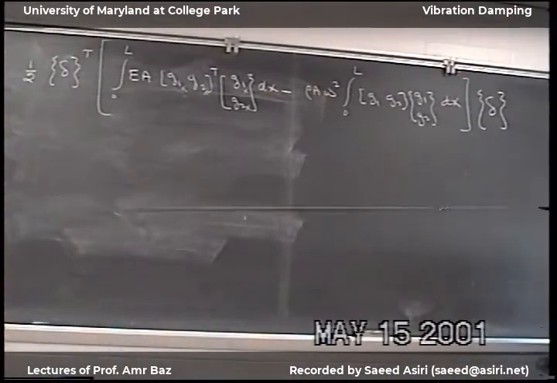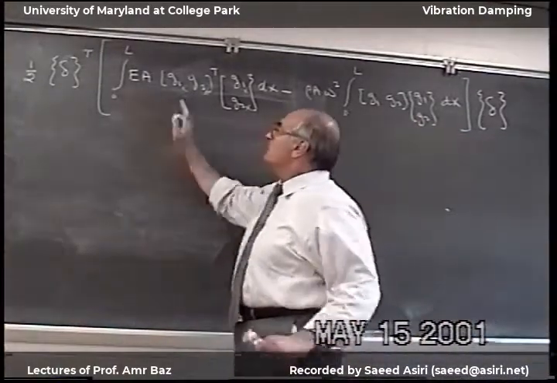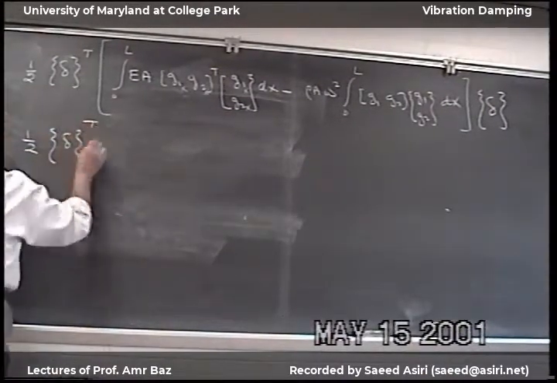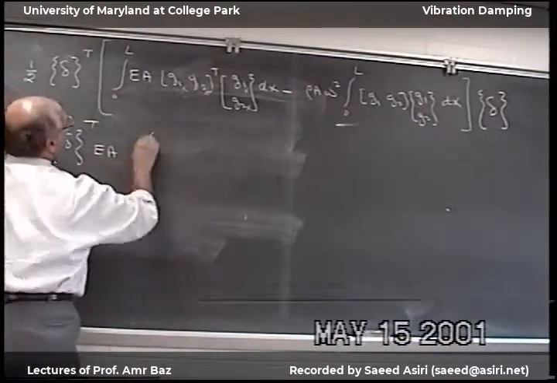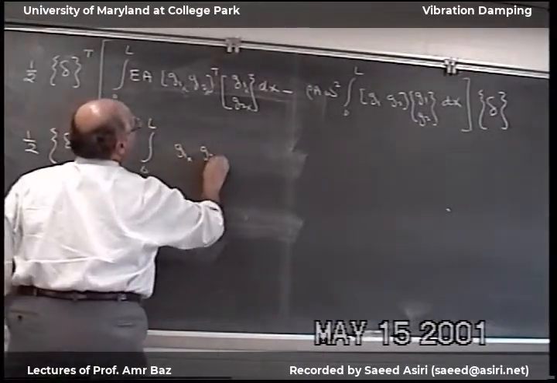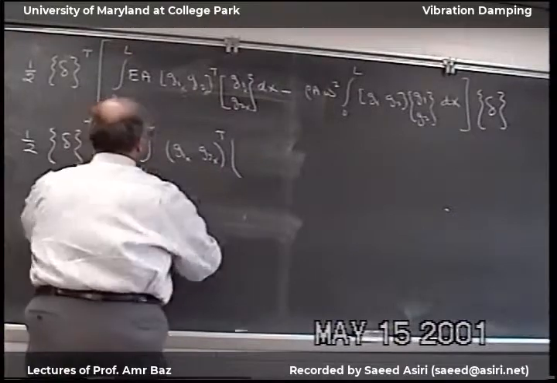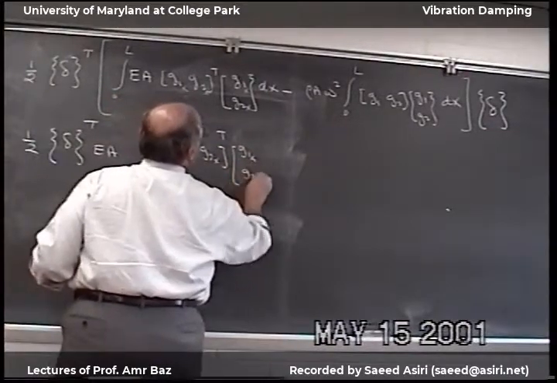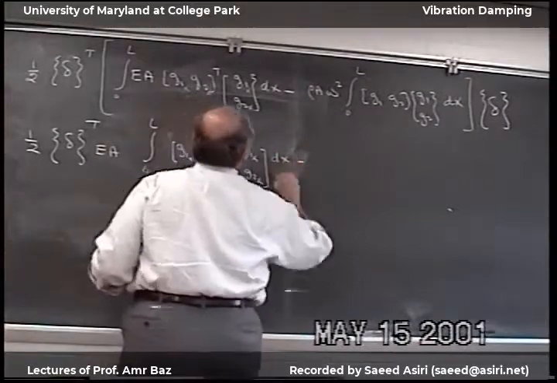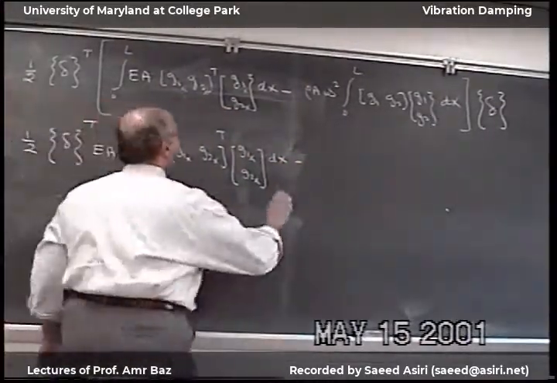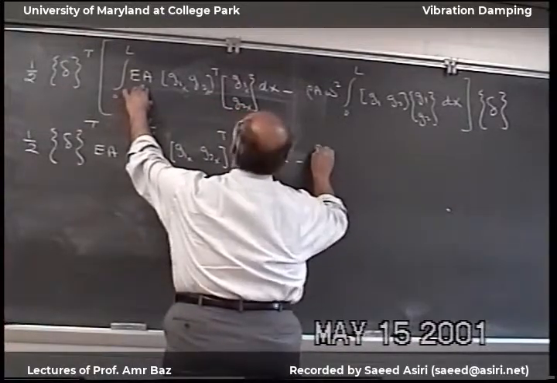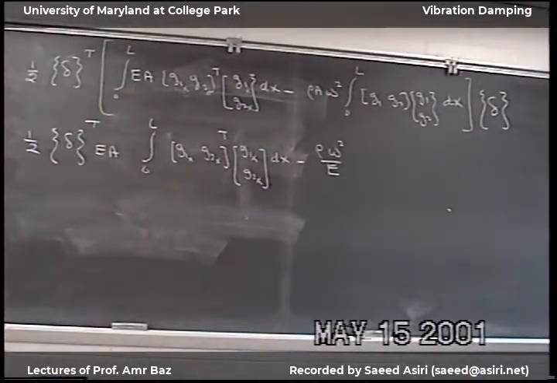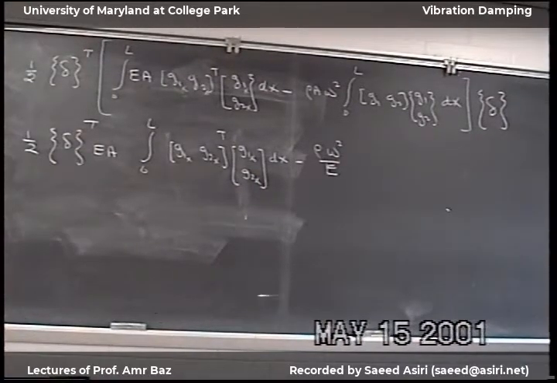Now I'm going to make one more simplification. I'm going to take this EA out of all this, so this will equal 1/2 EA times the integral, and then minus. Since we took EA out, this will be rho omega squared over E. And if you look here, this is k squared.